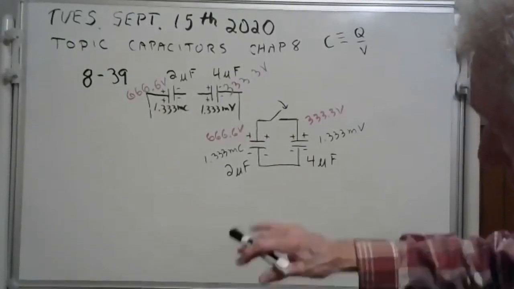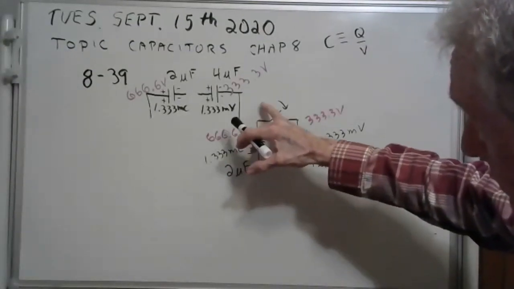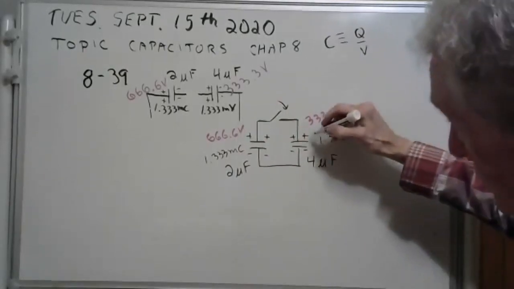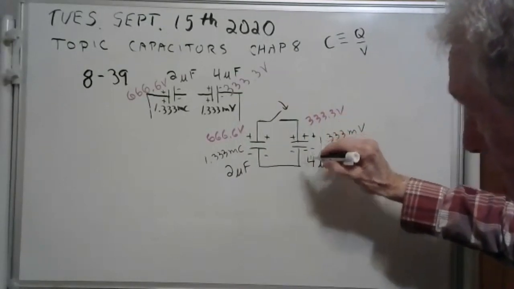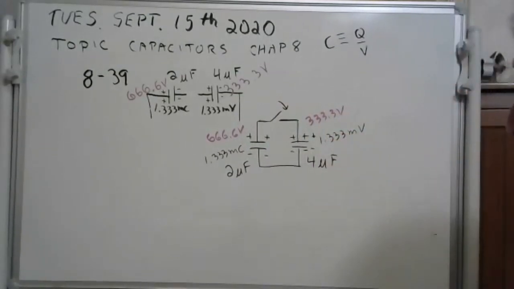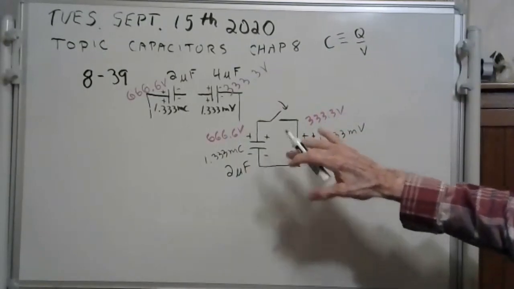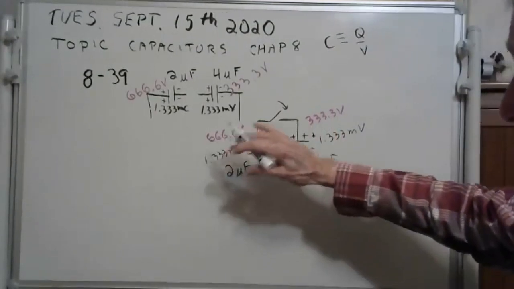How about this idea? Do you think maybe some of these charges are going to travel over here and make more charges on here? Of course, that'll make that negative. And when that happens, won't the volts go up on this one and the volts go down on this one?